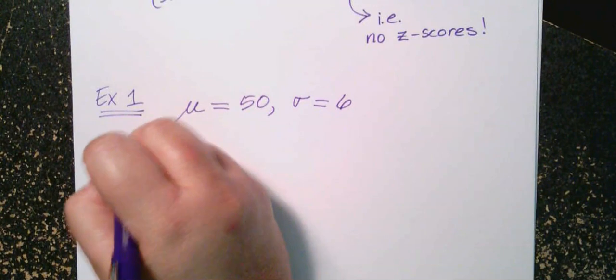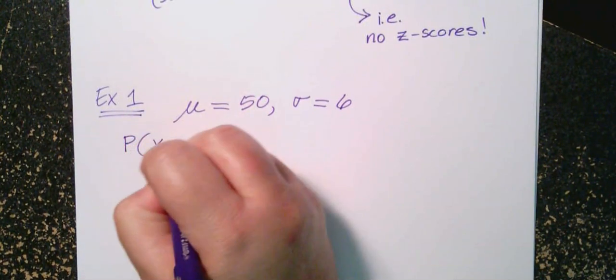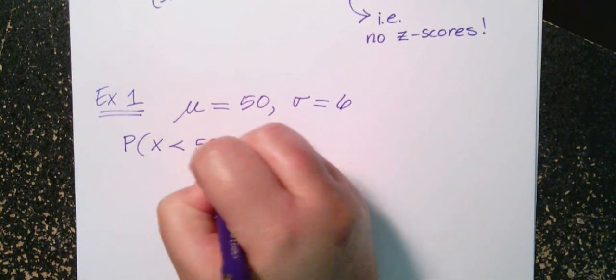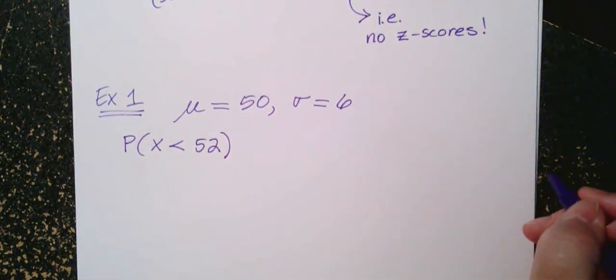And I'm being asked this. Now, what does that mean? That means what is the probability that if I just randomly chose a point that I know is in my normal distribution, that data point would be less than 52?